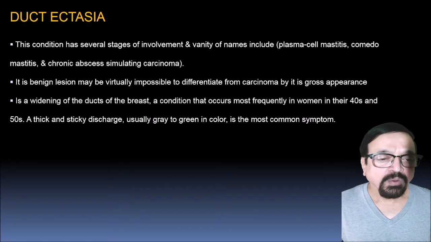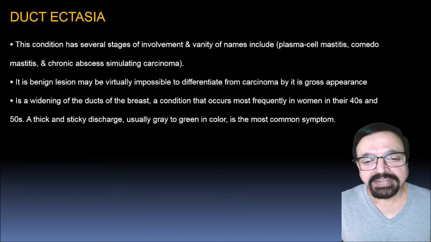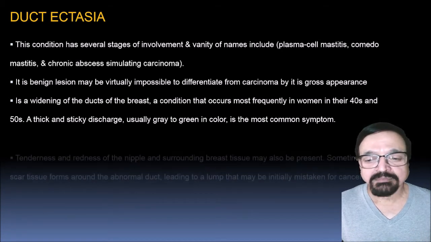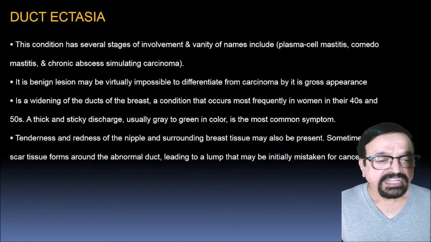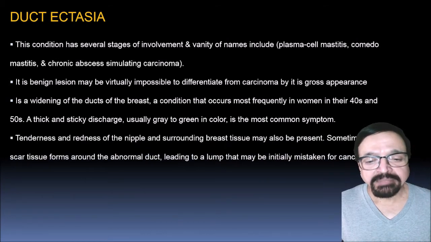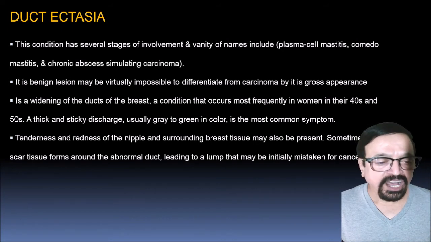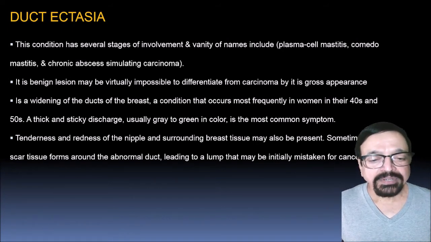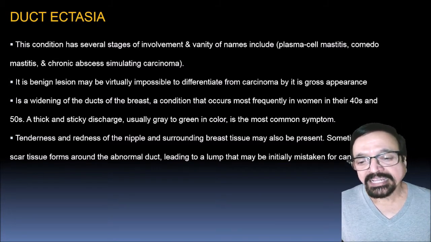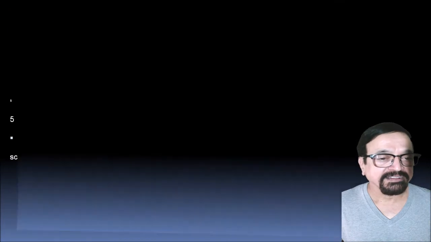It is a widening of the ducts of the breast, a condition that occurs most frequently in women in their 40s and 50s. A thick and sticky discharge, usually grey to green in color, is seen in most cases. Tenderness and redness of the nipple and surrounding breast tissue may also be present. Sometimes scar tissue forms around the abnormal duct, leading to a lump that may initially be mistaken for cancer.